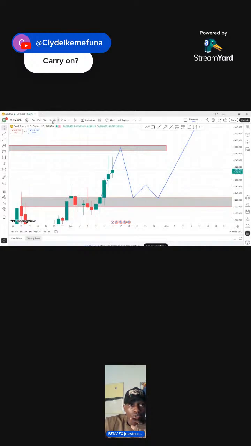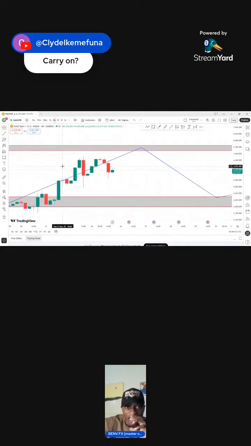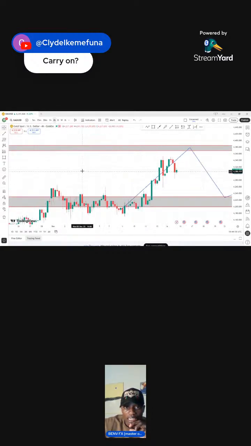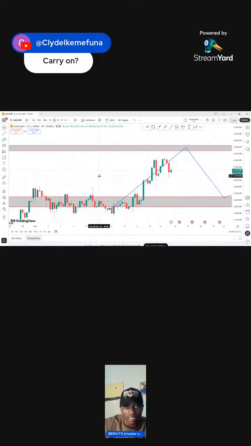So let's go to the 4 hour time frame. Then we'll mark our support and resistance levels for tomorrow's entry, because we have to predict what the market will do tomorrow. Here is our support level, and as you can see, the market moved from this particular area to tap on this support level.